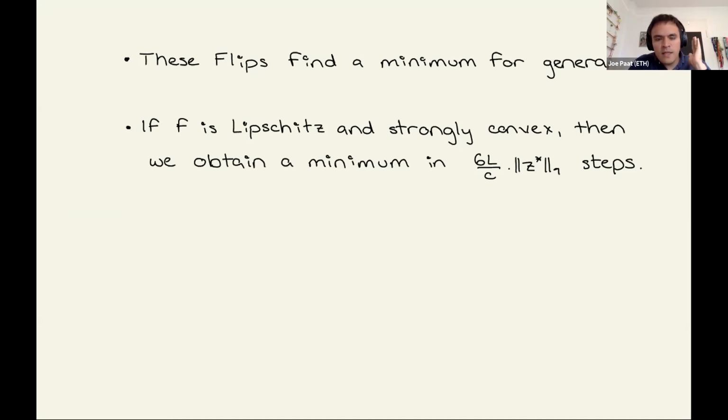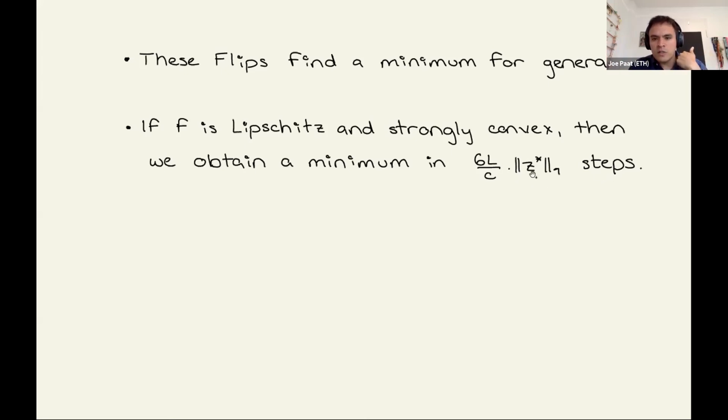And also for running times, if we assume that our function is also Lipschitz continuous and strongly convex, then we can analyze our updates, and we see that in about this many steps. We also need a bound on how big our integer optimal solution is.